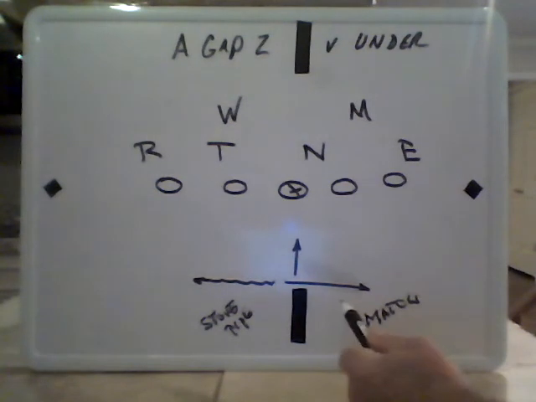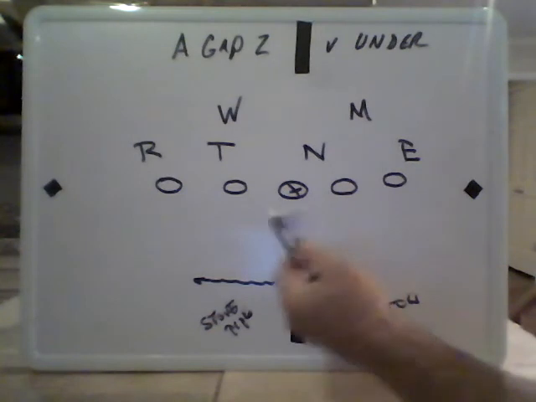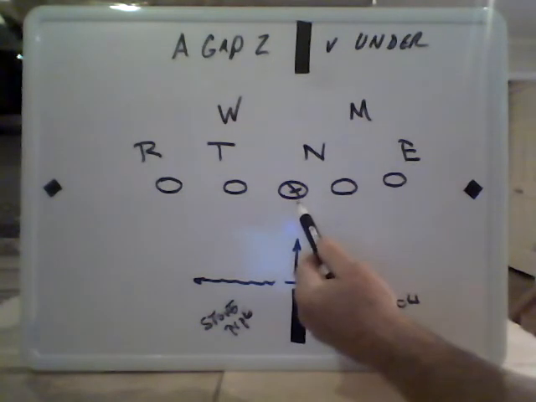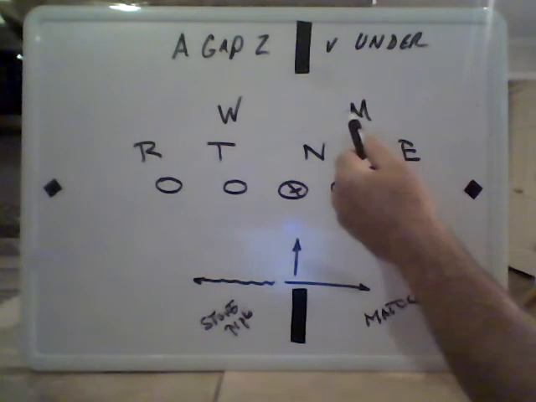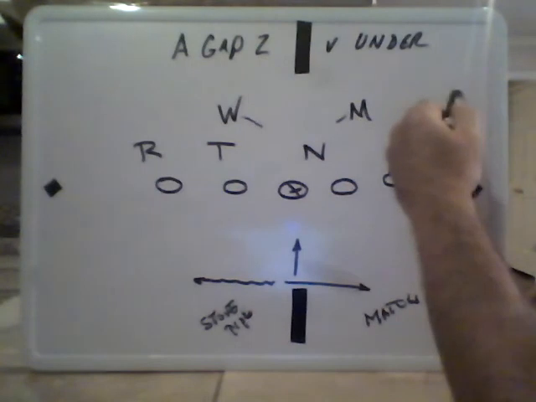But for A gap to work, the problem with A gap is wherever you want to run between the guards, this is the read spot, somewhere in here. And what it does is it brings all the linebackers. Let's say you had Sam on the seam.